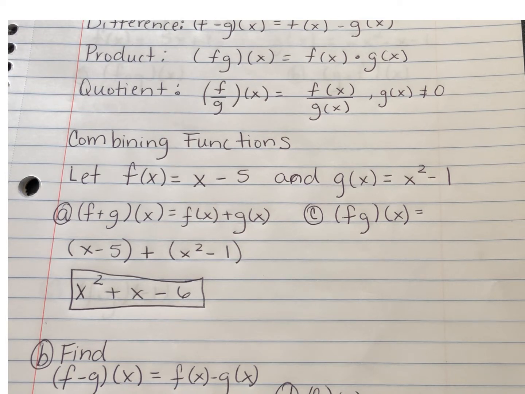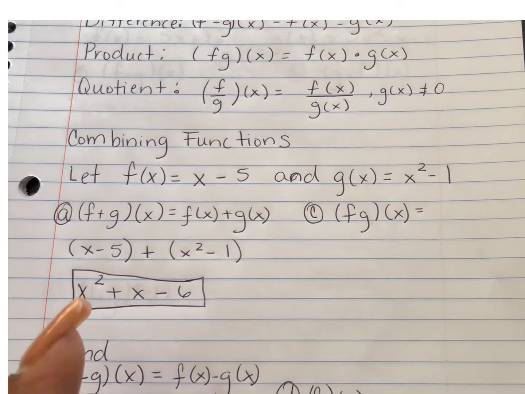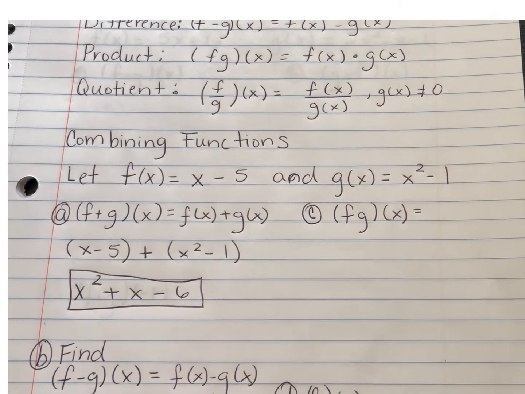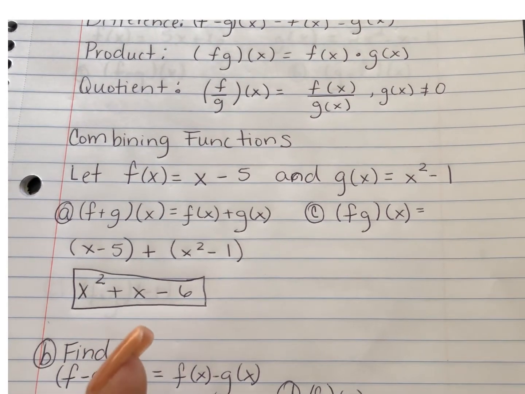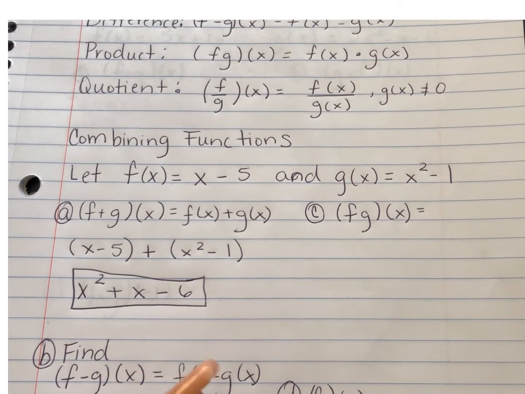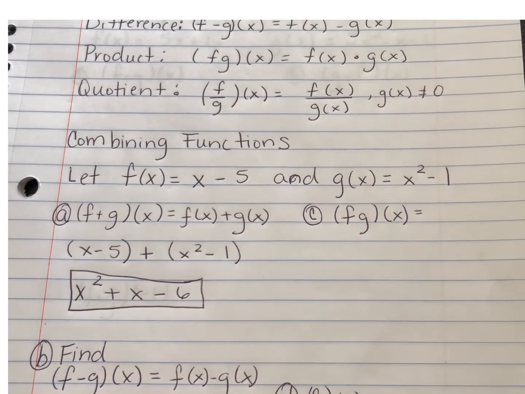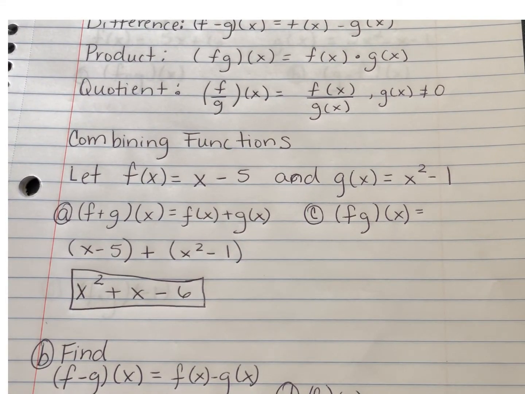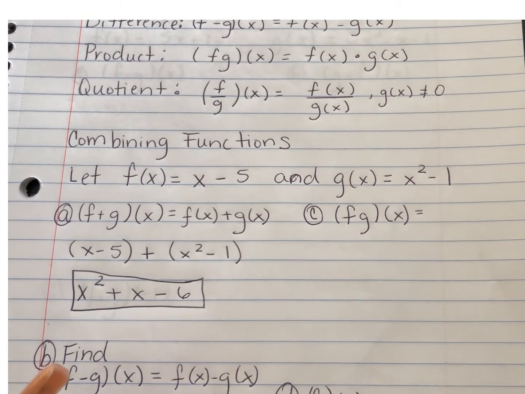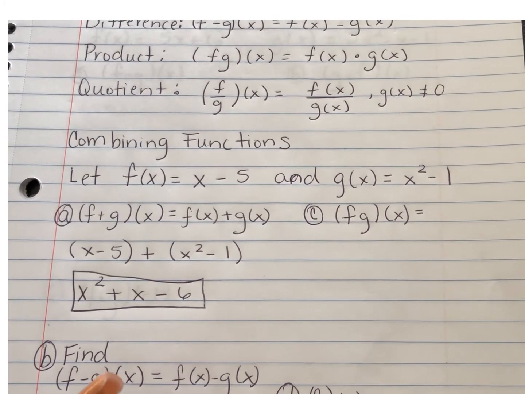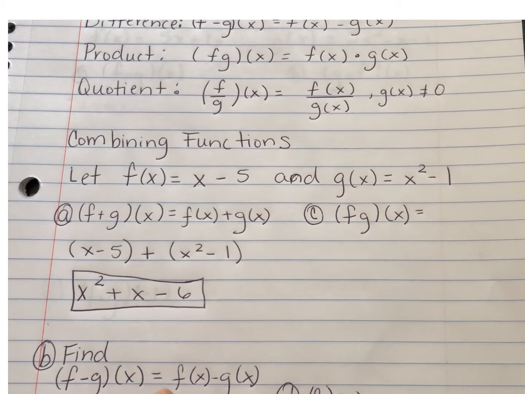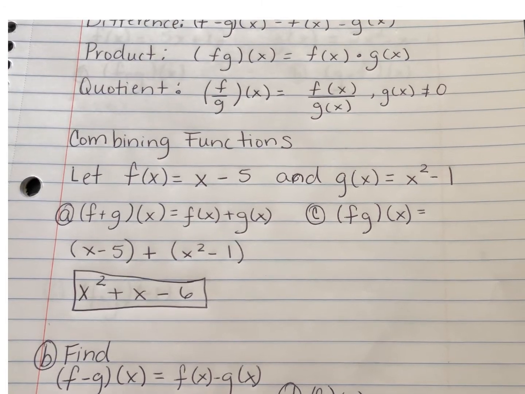Now, since we have a minus sign in front of that parentheses, make sure that you distribute. And when we rewrite, we have x minus 5 and distribute. And we have minus x squared plus 1. And then we combine like terms, and our final answer will be negative x squared plus x minus 4.